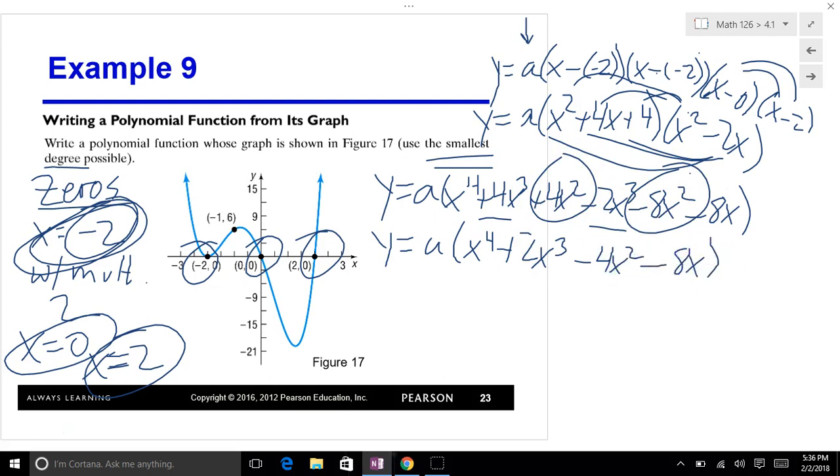Okay, so we're at this point. The problem is I just don't know what this a is in front. So what we do is we just put a point in. I'm going to pick that negative 1, 6 right there. I'm going to plug it in for my x and my y. So my y is 6. My negative 1 is my x.